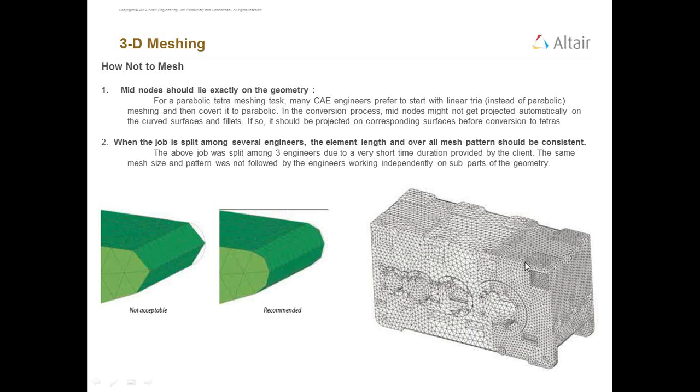So the mesh element size is different. It should not be like this. If you split your geometry and divide it among n number of users, the splitting portion should be meshed first, and all the other engineers have to start from that region. So the mesh consistency will be there.